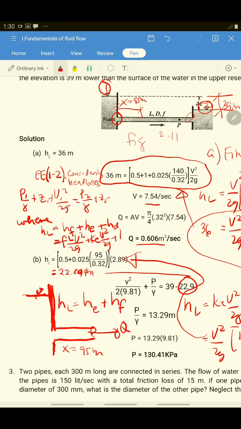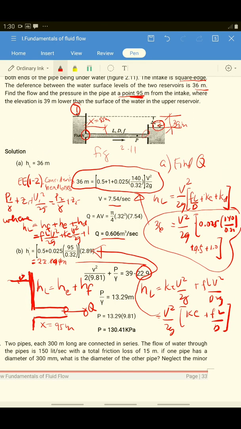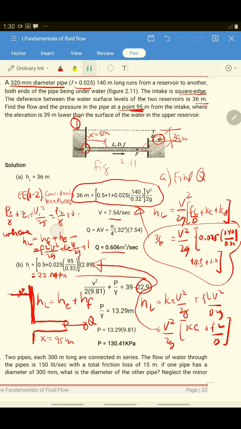Then go back to the equation again. I have to delete this.